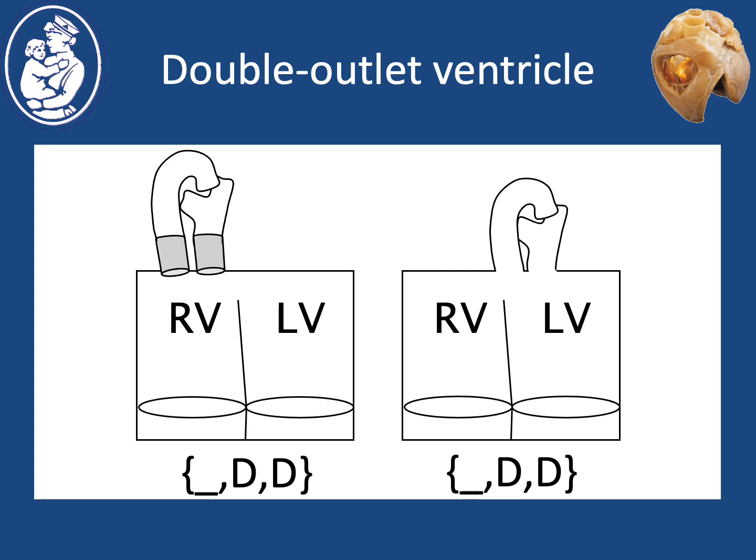Here, the one ventricle that supports both great arteries is aligned with both of the great arteries, and the other ventricle is aligned with neither. The ventricle that is not aligned with a great artery generally pumps blood through a ventricular septal defect into the other ventricle and whatever great artery is closest to the ventricular septal defect.